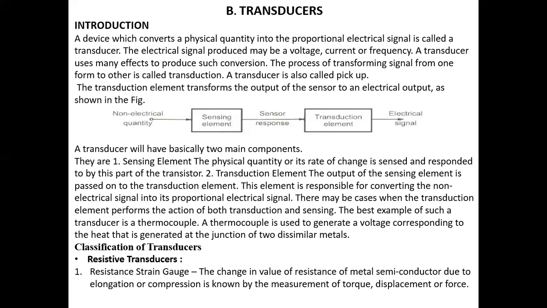The first one is the sensing element. The physical quantity or its rate of change is sensed and responded to by this part of the transducer. Second is the transduction element.